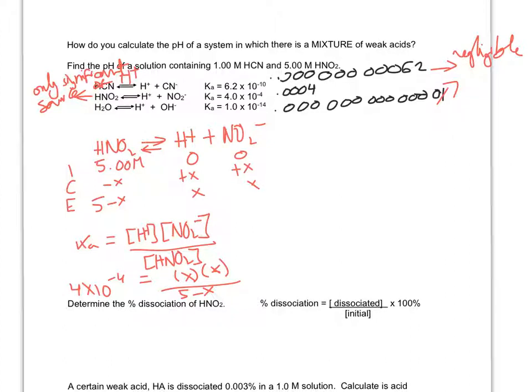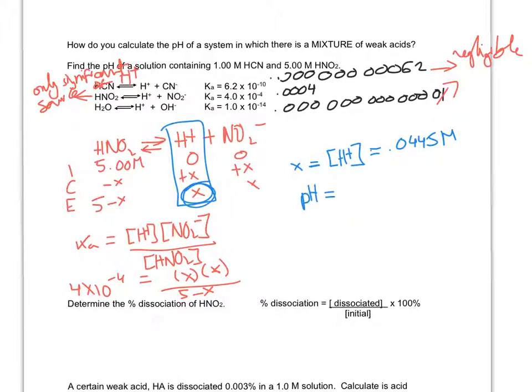If you solve for X, and again, that's your H plus concentration at equilibrium, that's your X, that turns out to be 0.0445 molar. And so your pH is going to be negative log of that, which ends up being 1.351.